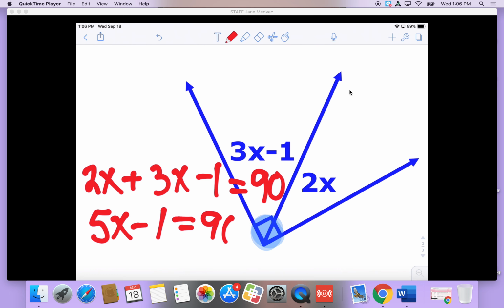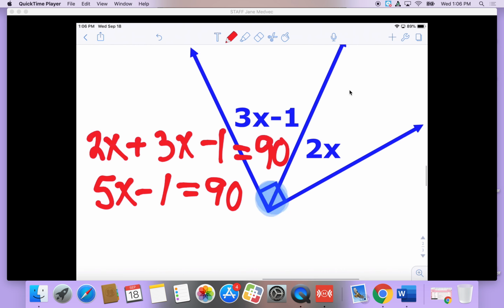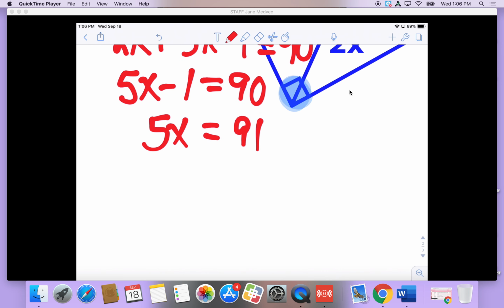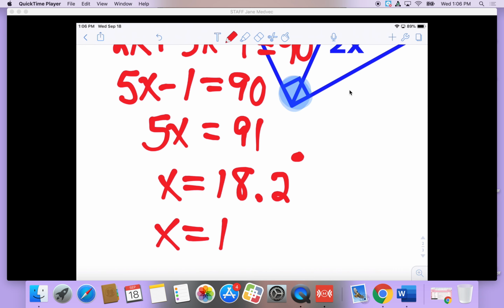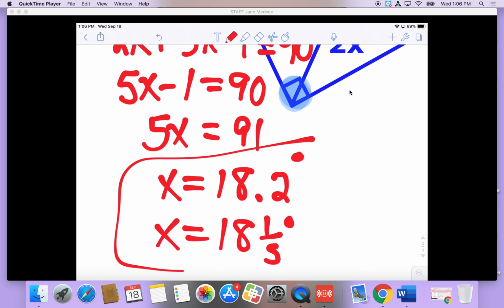Good, and then 5x equals 91, and then x gives me 18.2. Is it repeating? No? Okay, good. Degrees. Or I could go x equals 18 1/5, I believe. Questions?